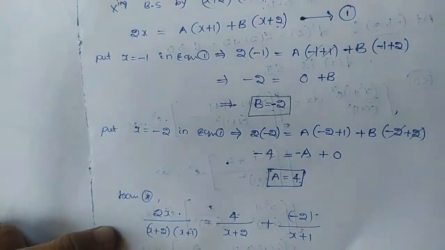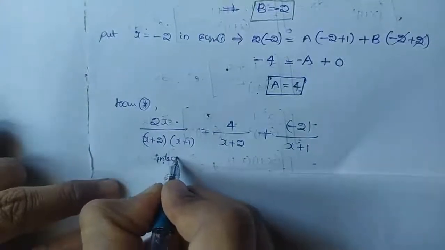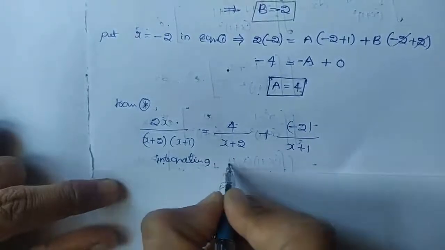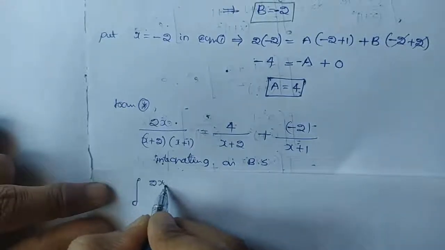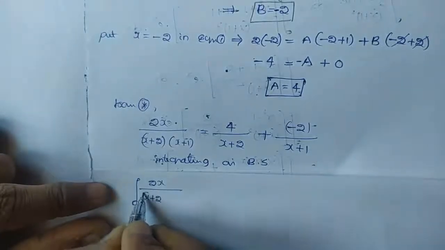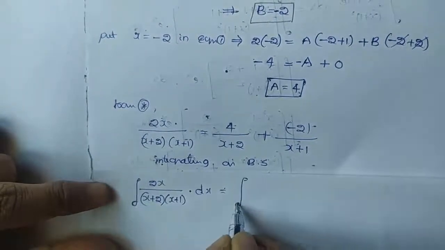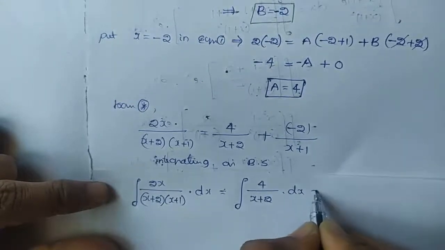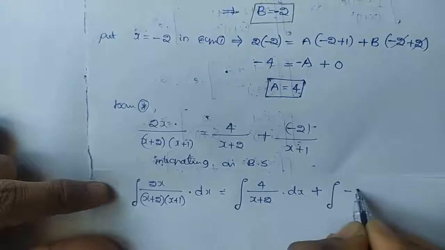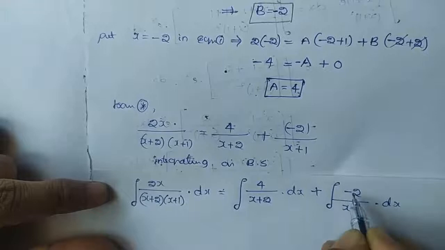Now let us integrate on both sides. Integration of 2x divided by x plus 2 into x plus 1, into dx equals integration of 4 divided by x plus 2 into dx plus integration of minus 2 divided by x plus 1 into dx.